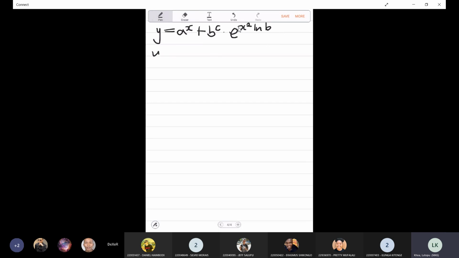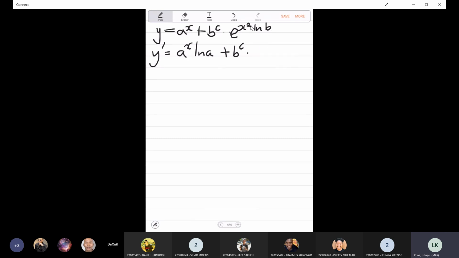Okay, so y prime, this is a to the power of x, ln of a. And then here, this is a constant because it doesn't have x. So our derivative will be the constant multiplied by the derivative of this one. This is e to the power of something.